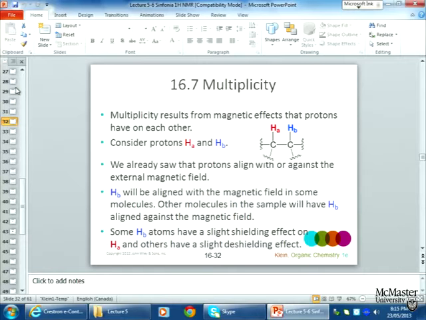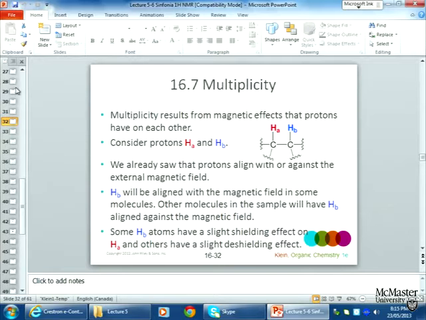So HB has 2 options. HB can be up, aligned with the field. So if HB is spinning up, aligned with the field, a little bit of that magnetic field created by HB is felt over at the nucleus HA. If, on the other hand, HB is aligned against the field, that reduces the field felt over at HA.